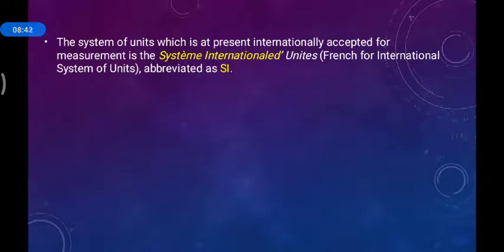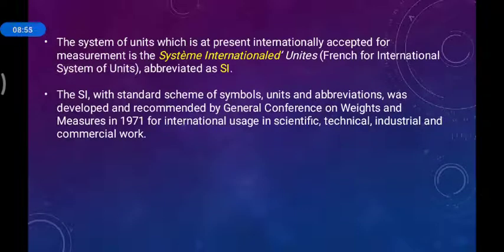So from now onwards, whenever you go into physics or the science field, you measure everything in terms of SI units in the end. That is the importance of SI units. SI stands for the scheme of symbols, units and abbreviations. What is an abbreviation? An abbreviation is a short way of representing something.